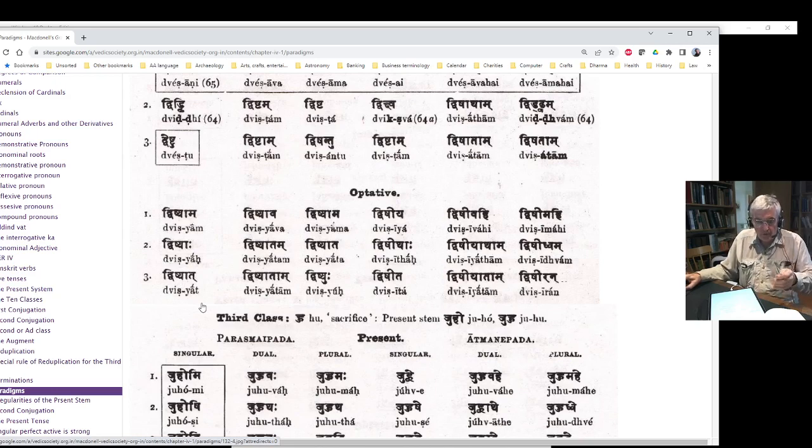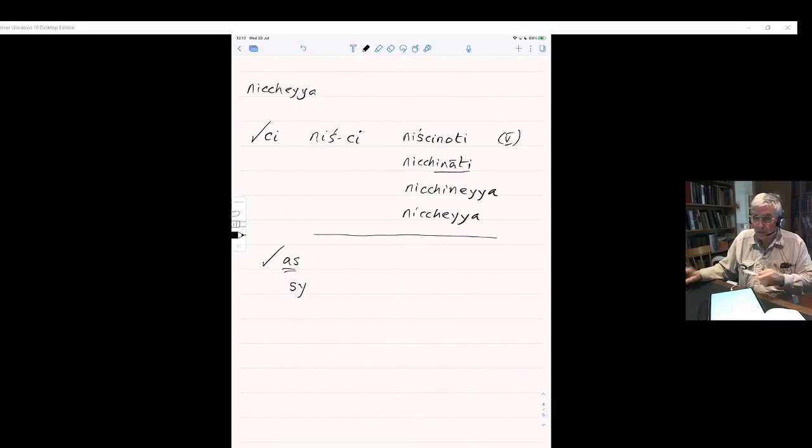You would normally, from the root as, which belongs to the same class, have asyam, asyah, asyat. I'm giving you forms that don't exist. But what happens with this irregular stem is that the first vowel drops off. So you just get syam, syah, syat. And in the plural, syu.